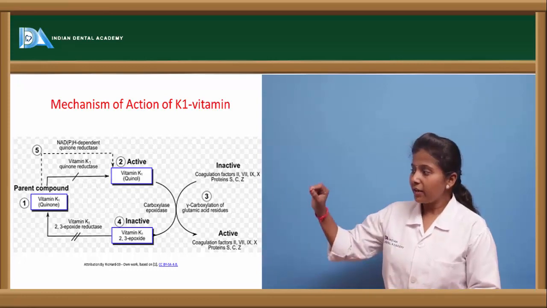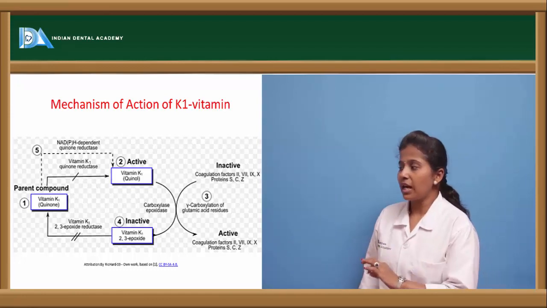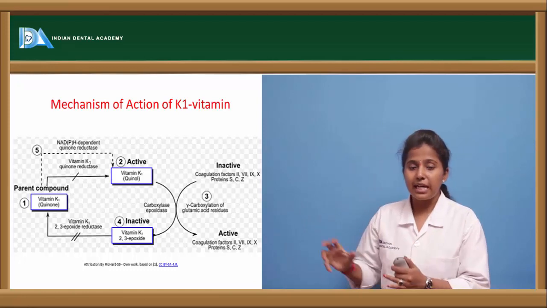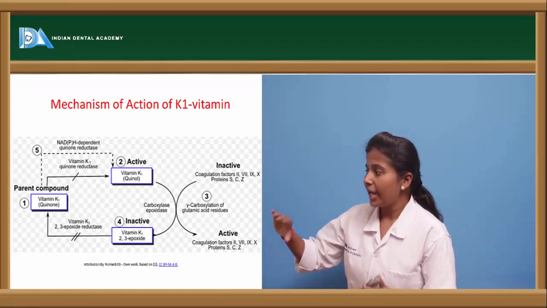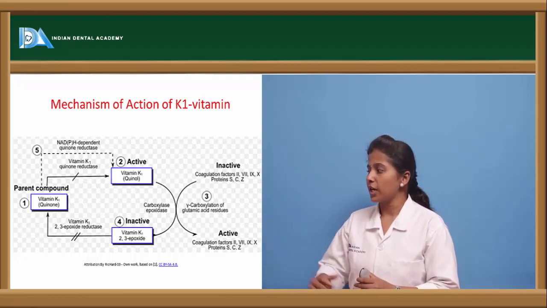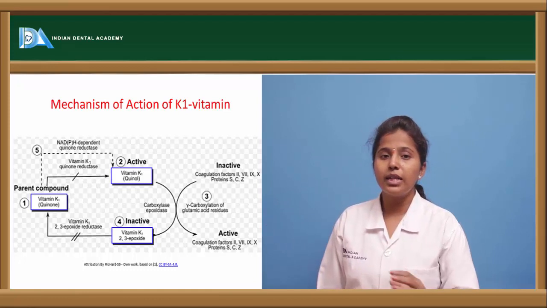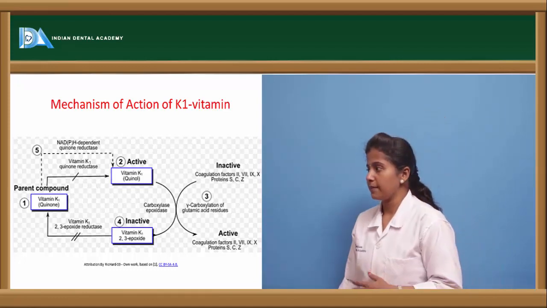And this active form is again converted to the inactive form in the presence of the enzyme carboxylase epoxidase. So this is like a cycle. This cycle forms the active form of K1, and this active form of K1 aids in the formation of coagulation factors 2, 7, 10 and 9, along with the protease prothrombin proteins which are present in the body.